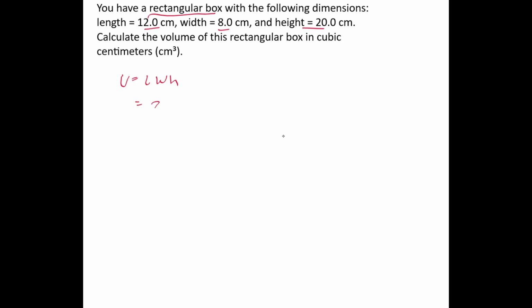So let me follow the sequence. 12 is the length times 8 is the width, and then 20 is the height. Anyway, it can be interchanged, since the operation is multiplication, pwede silang palit-palit.